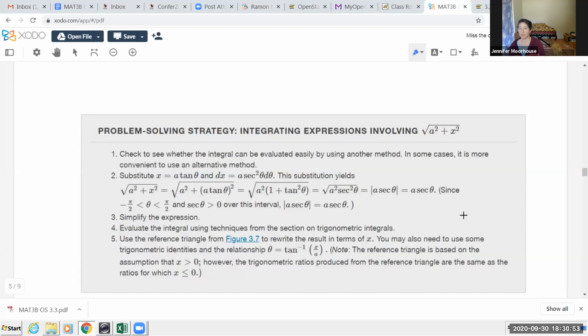If you can't, then you make that substitution. x is a tan theta, dx becomes a secant squared d theta, and then just substitute in for everything. That gets rid of the square root and leaves you with a secant theta, and you simplify that as much as possible. Use the techniques to evaluate the integral, and then reverse substitute is step number 5.